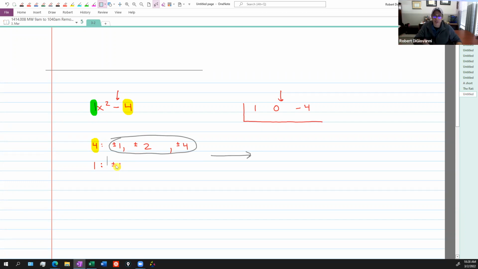That just leaves those. So anytime your leading coefficient is a 1, your final list is really just the top list, this one right here. What's good here is that we only have 6 candidates, don't we?